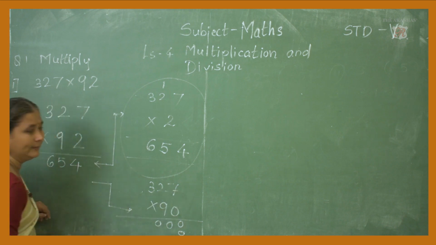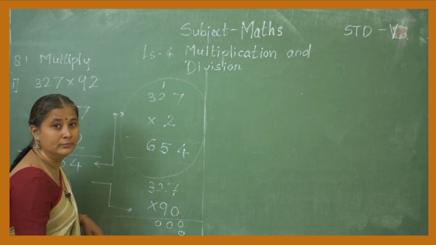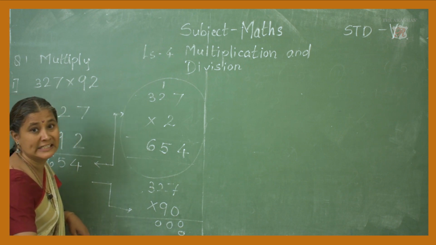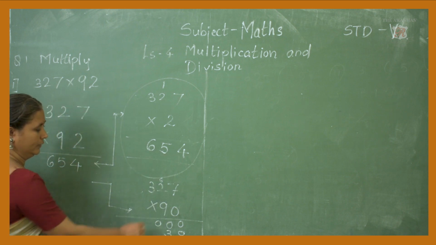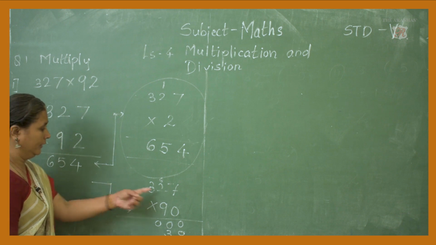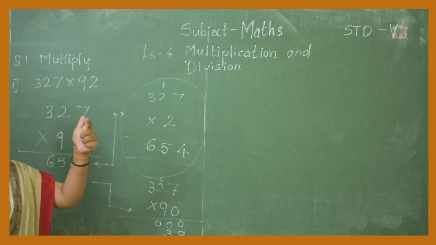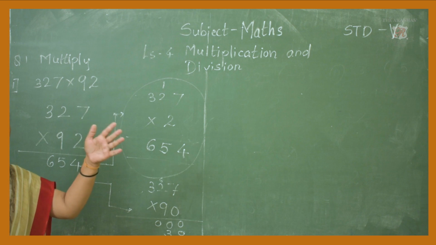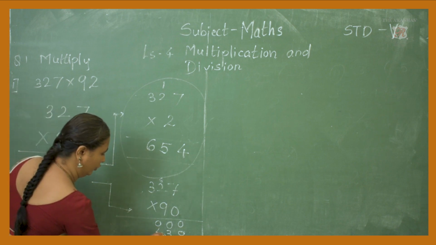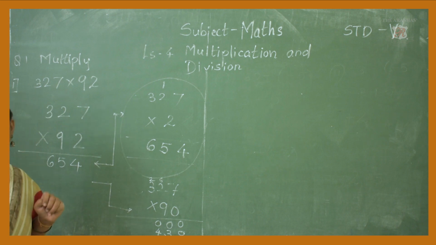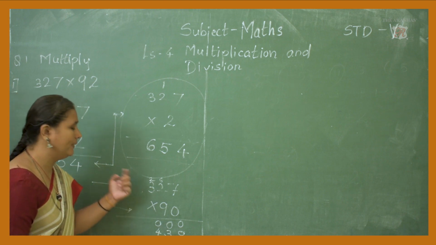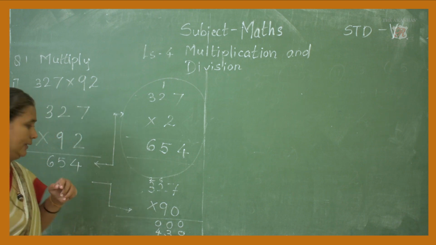Then 9 sevens are, 7 nines are 63. 3 and 6 for the carry. 9 twos are 18, 18 plus 6 is 24. 4 for the answer, 2 for the carry. 9 threes are 27, 27 plus 2 is 29.